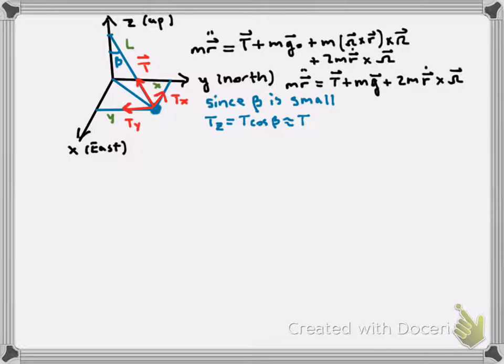Or rather, since g is in the z direction, we can write that Tz is about equal to mg. So because of the previous thing, that Tz is also about equal to T, we have T is about equal to mg.